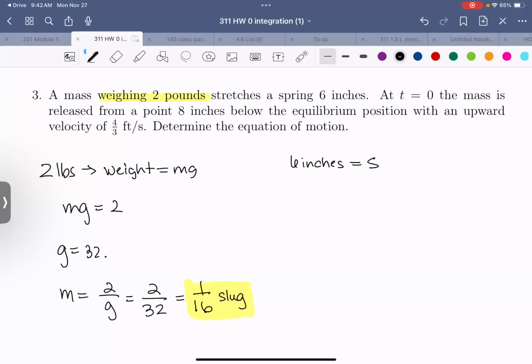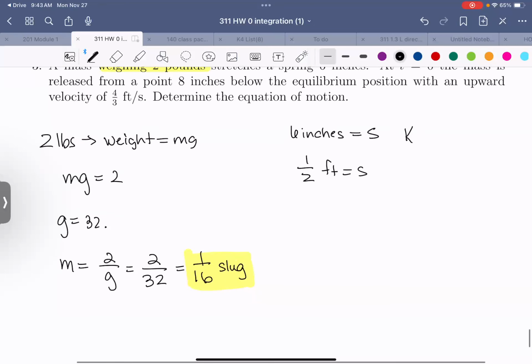It should be feet, right? So we've got to convert that to feet. So we're going for half a foot is what your S should be. So watch out for your units and watch out for the weighing situation. Now, in order to get K, we're taking mg divided by S. Mg is your weight, which you know is 2, divided by your S, which is the 0.5 or the 1/2. That tells me that your K is going to be 4.